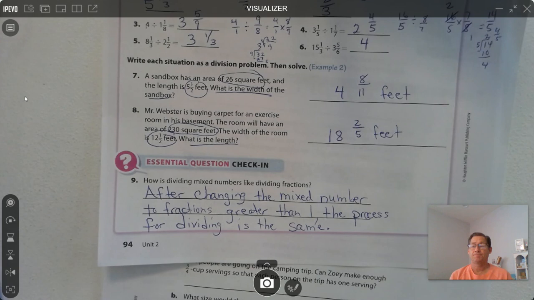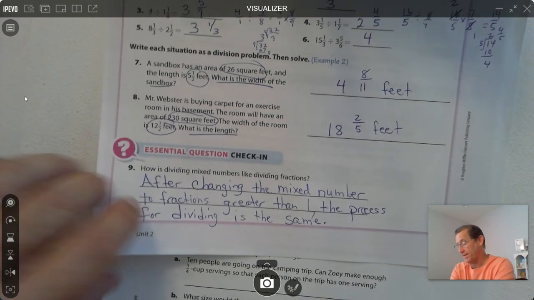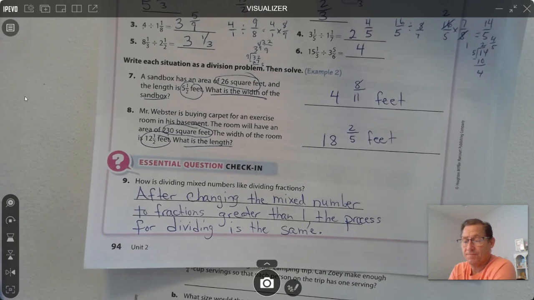Once we change the mixed number into a fraction greater than 1, we just divide like we divide any other fraction.